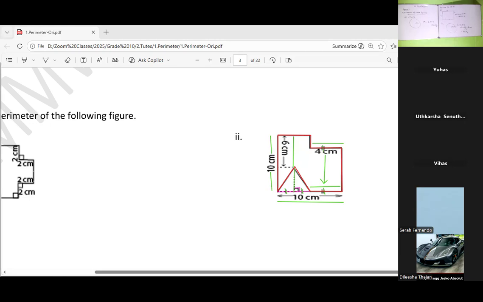Okay, someone has sent me the answer. Is it 46 here? It's saying 45. Okay, I am receiving different answers.